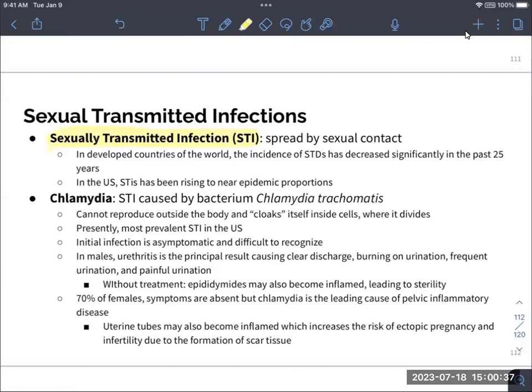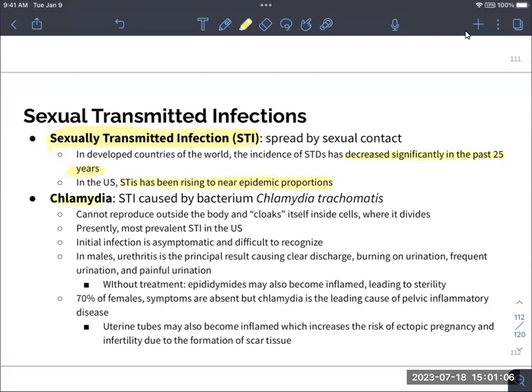In developed countries outside of the US, there has been a significant decrease in the spread of STIs over the past 25 years. In the United States, it is rising to epidemic proportions. So the United States, a developed country, is completely opposite the rest of the world.